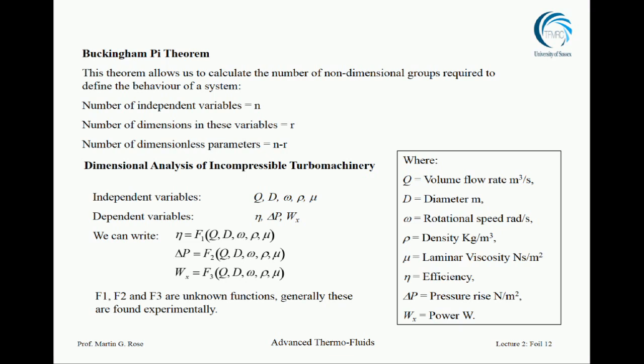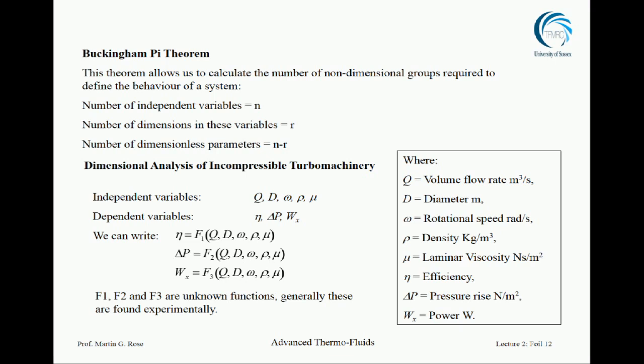Here we go through the derivation of the dimensional analysis of incompressible machines. So broadly speaking, water pumps, water turbines, those sort of things. The number of independent variables, the variables you might choose to vary to make a new design for a machine, is 5.